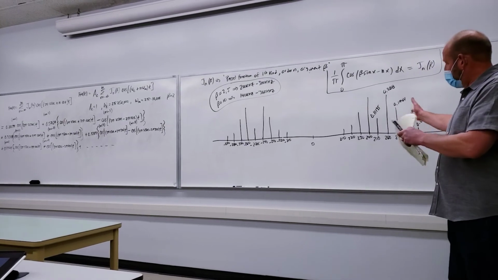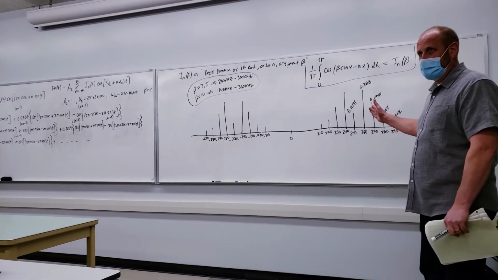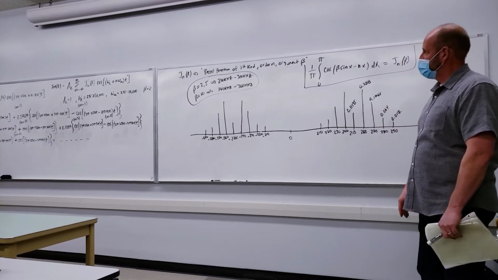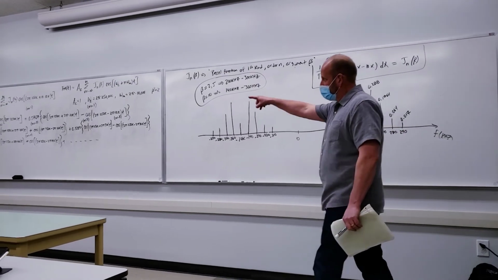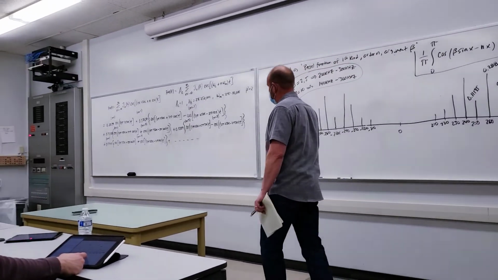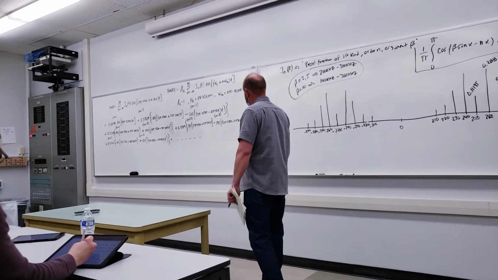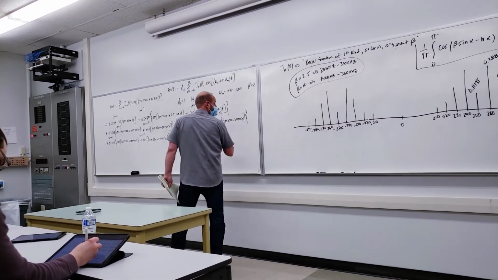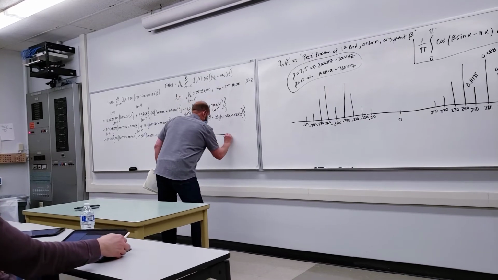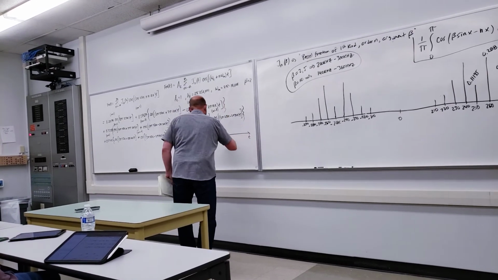So what does this mean? When you look at a spectrum like this, what does it mean? Or if you look at what it's saying in math over here. This is telling us that if we have this picture, that now it's like the third time I've drawn it, but let's draw it again.